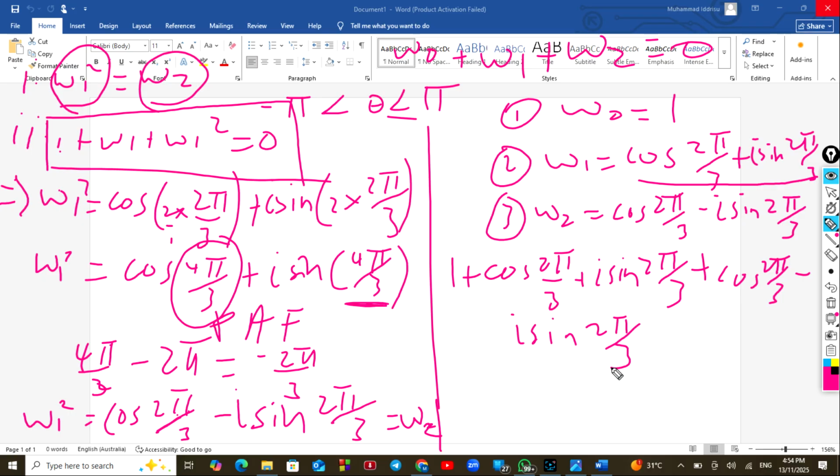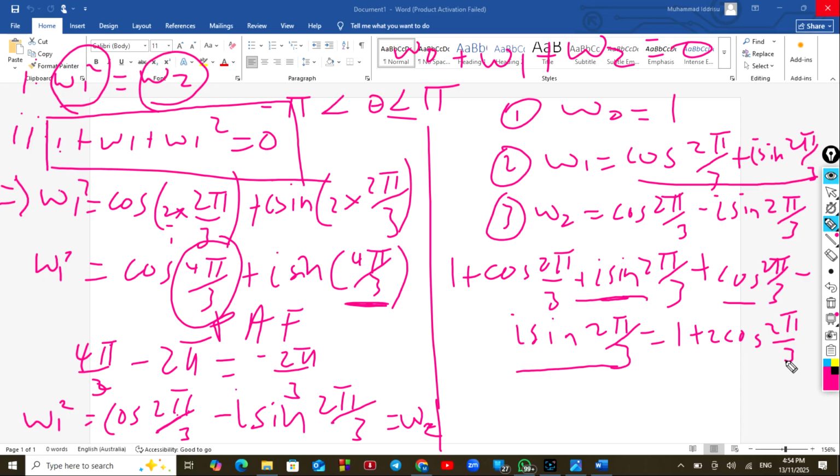This is equal to, see, positive I sine 2 pi over 3 minus I sine 2 pi over 3, so this will give you 0, and cos 2 pi over 3 plus cos 2 pi over 3 will give you 2 cos 2 pi over 3, and then 1 plus 2 cos 2 pi over 3.